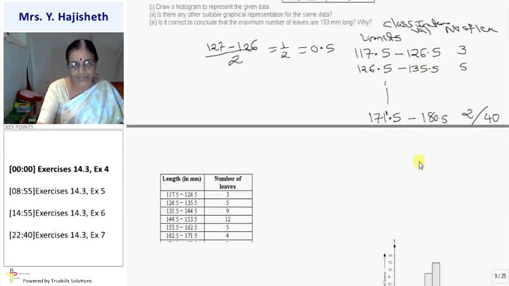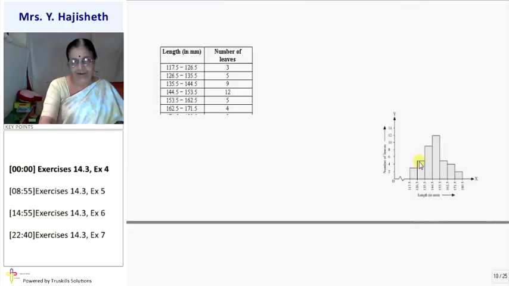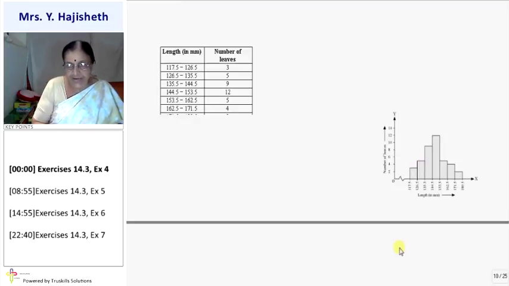Now look at the graph. See, I avoided the gap. So the length in mm I got in the form 117.5 to 126.5, then 126.5 to 135.5. I have written the number of leaves. Now on the x-axis I will take length in mm.